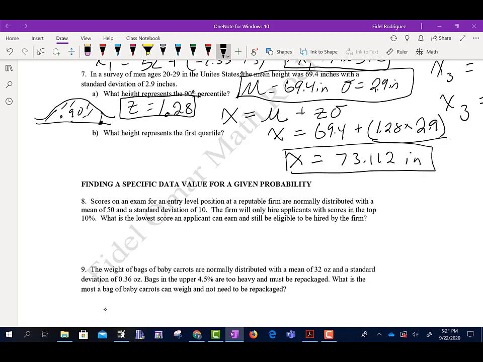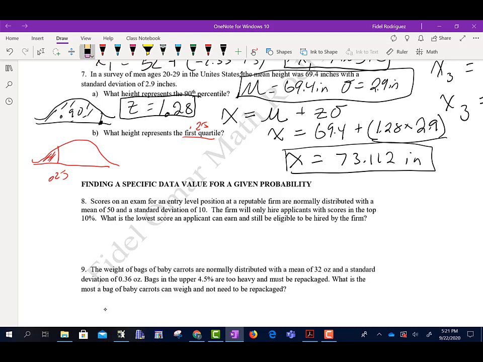Now there's a part B. Part B says, what height represents the first quartile? The first quartile, guys, is the same thing as 0.25. That tells me that the area to the left is 0.25. What we want to do is find the z-value.